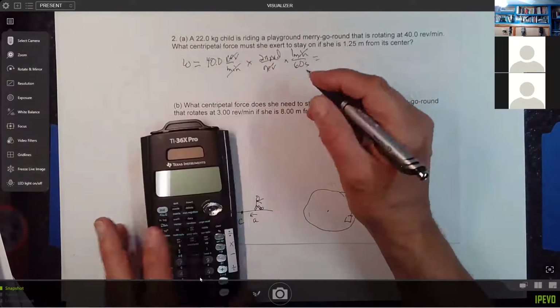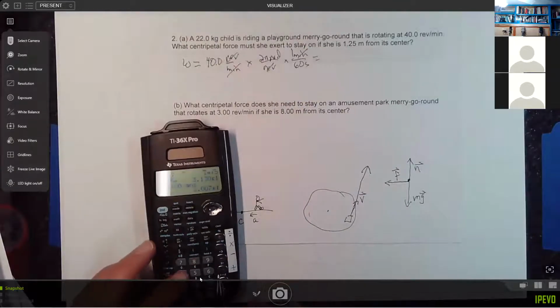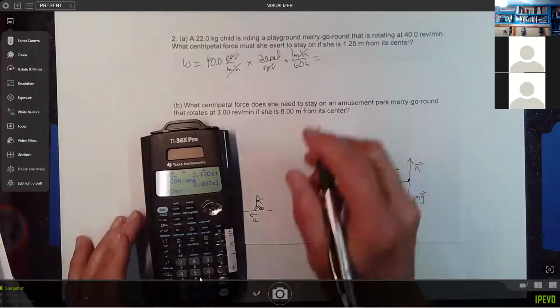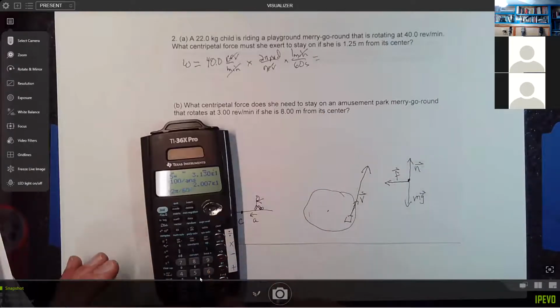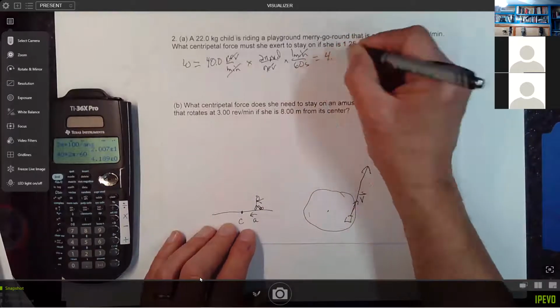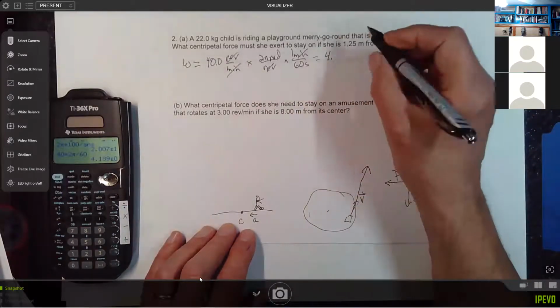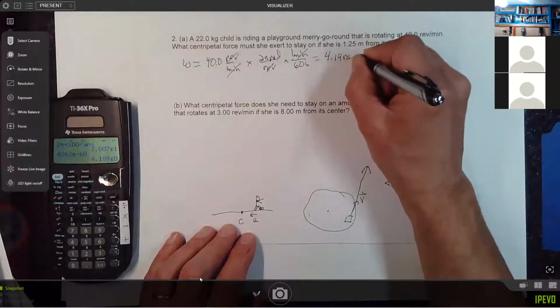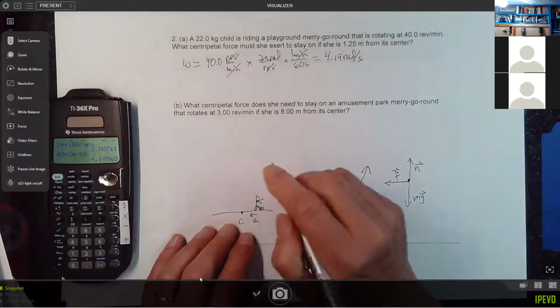40 times 2 pi divided by 60 is, we've got 3 significant figures, so 4.19 radians per second.